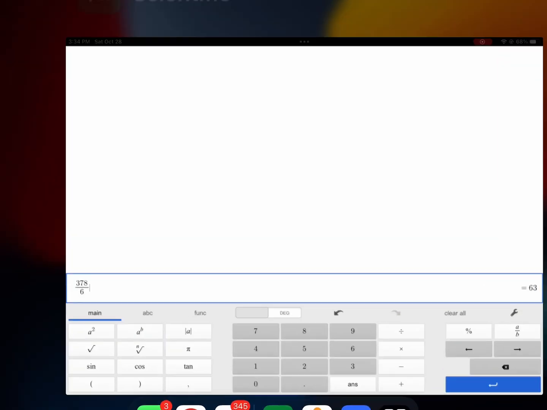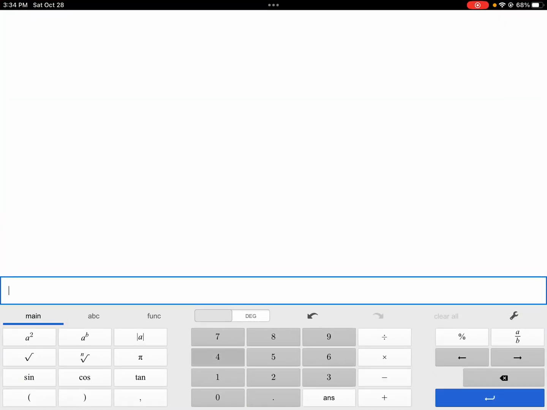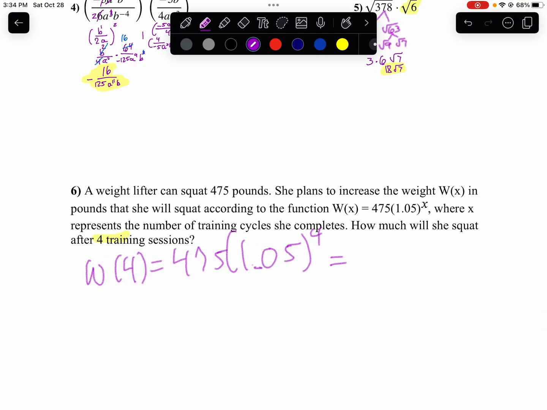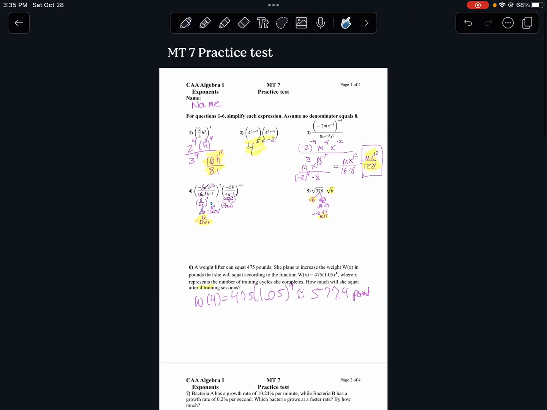So 475 times 1.05, and we'll take that to the fourth power. And we get about 577.4 pounds. That's a rounded answer, so I'll make it about. And there is our first page.